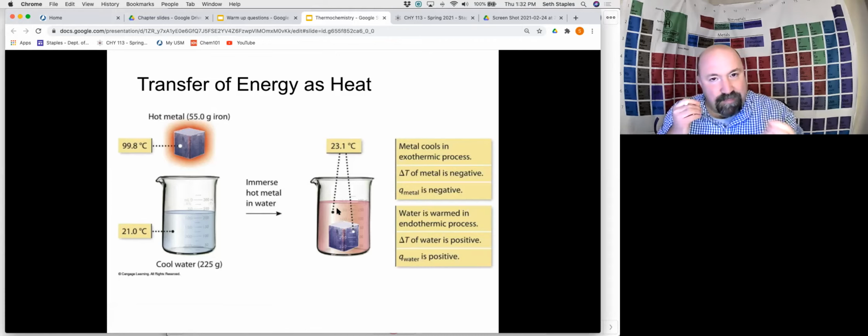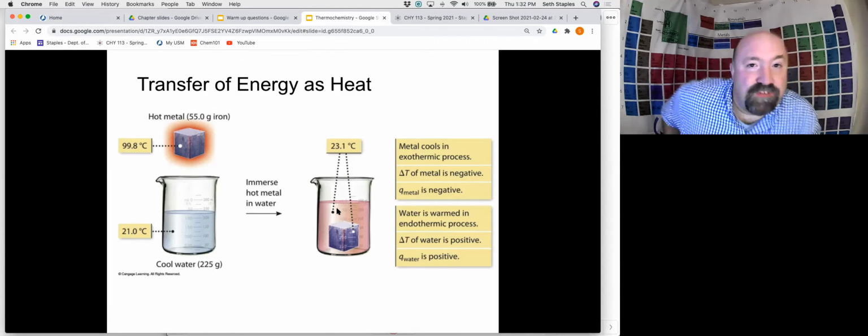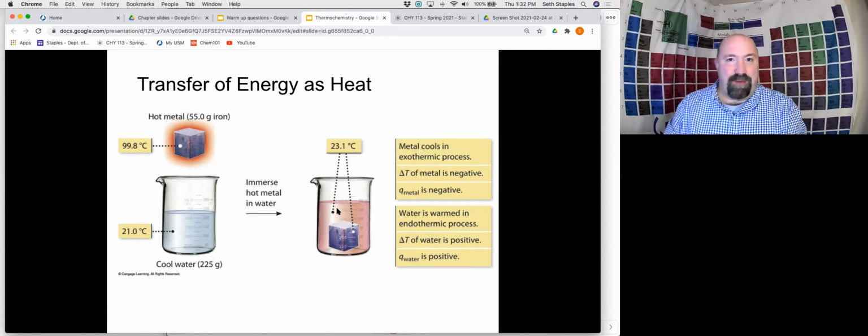Now think about the processes here. Think about the energy flow. We drop this hot metal down into the water. Heat from the metal is going to escape into the water. And so the metal is going to lose energy. The water is going to gain energy. The law of conservation of energy tells us that those amounts are going to be the same.